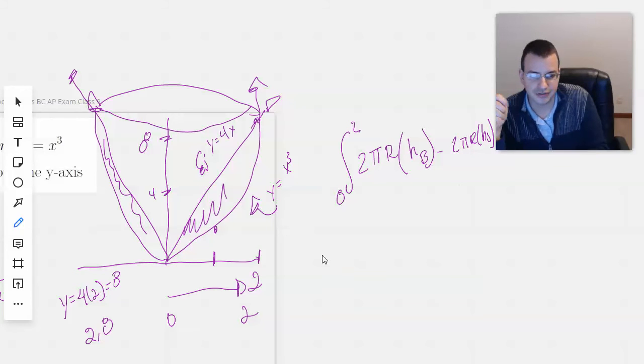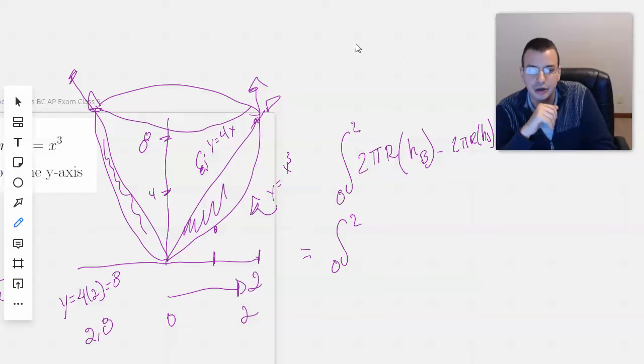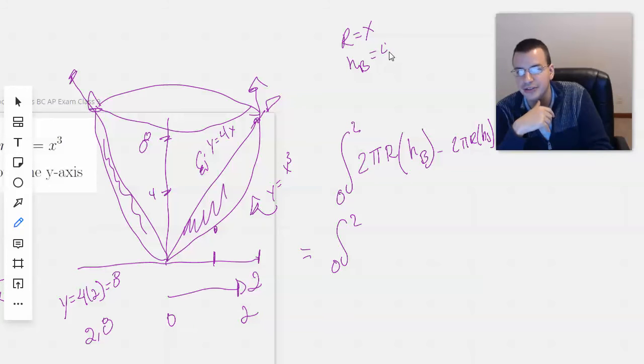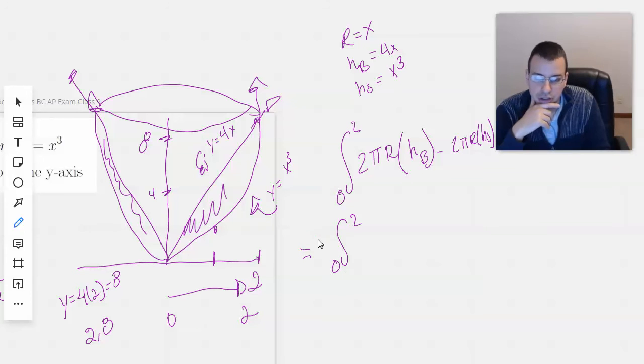I guess I could have already just factored out the 2 pi r there. Okay, we know that r is going to equal x. Height big, we've determined, is 4x. And height small, we decided, is x cubed. So we'll have 2 pi, which we can factor out.